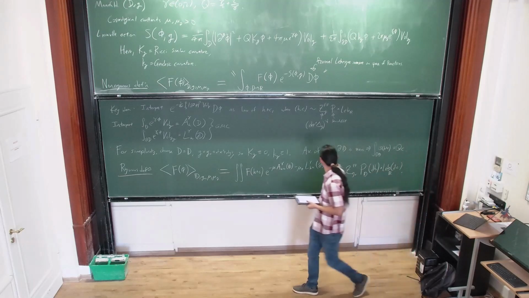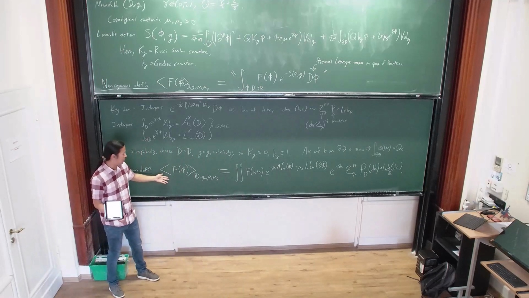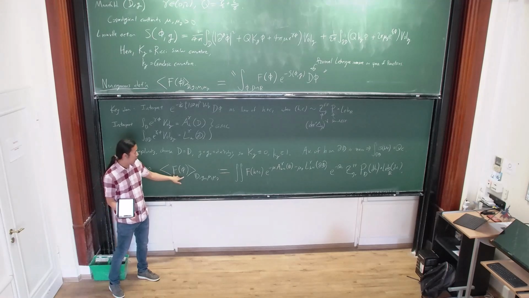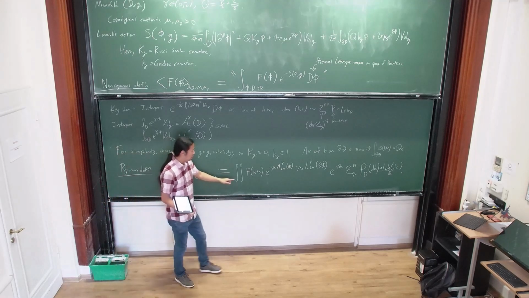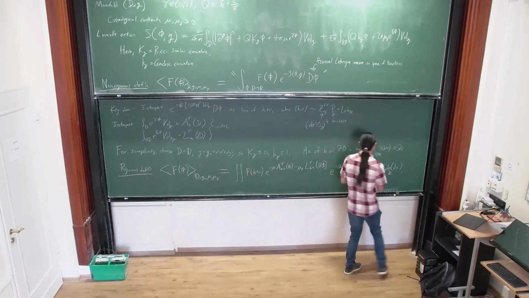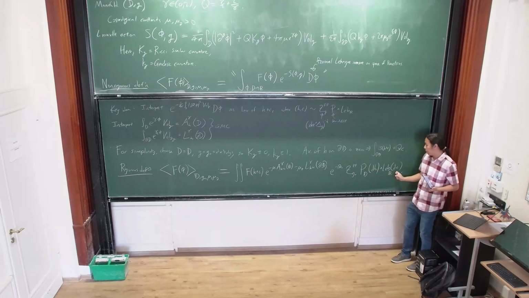Okay, so now we have a rigorous definition for correlation functions in the disk for Liouville theory. Right? So the expected value of a function f of the field is going to be this double integral where we take expectations with respect to the Gaussian free field, and we also integrate over all possible choices of the real number c.